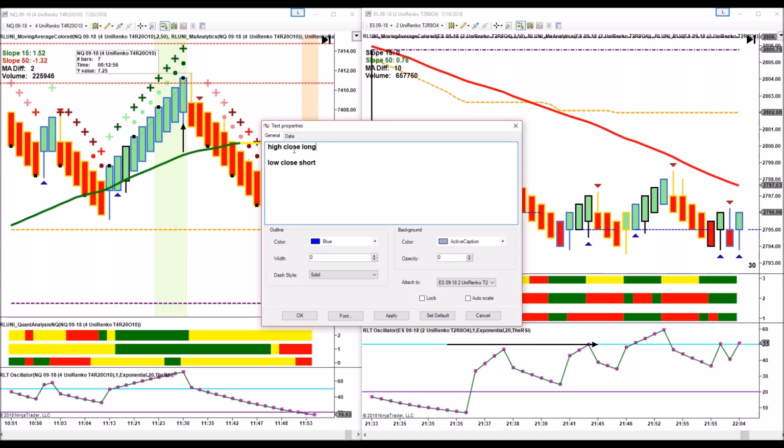When the close of the move continues to approach the high of the candle, based on the oscillator formula, the oscillator line is going to rise. When the close of the move starts to retreat off the high, then the oscillator is going to slowly start to turn down in reverse.